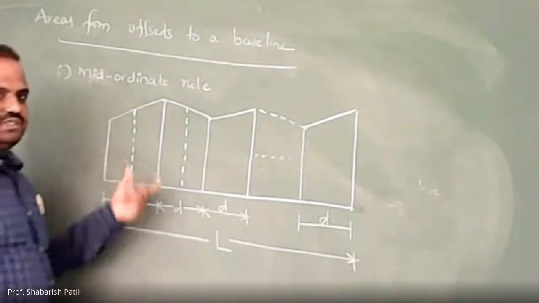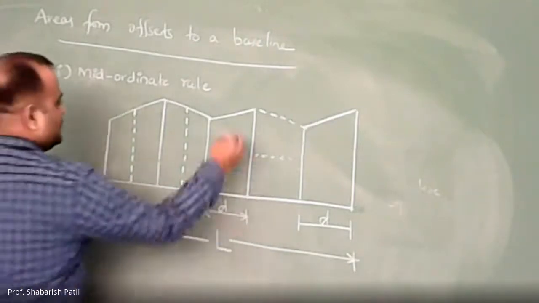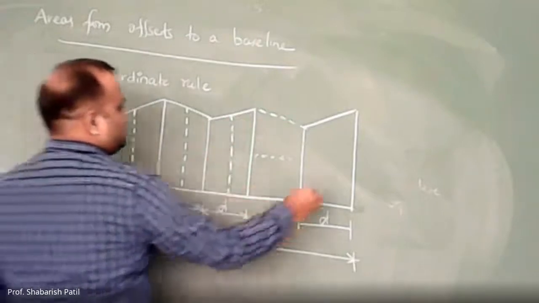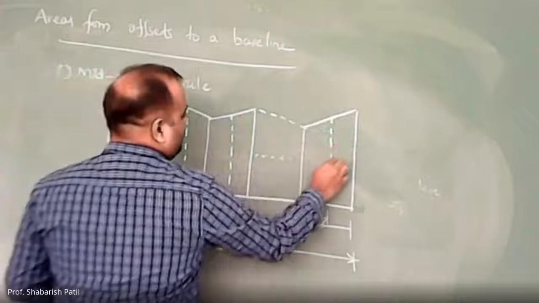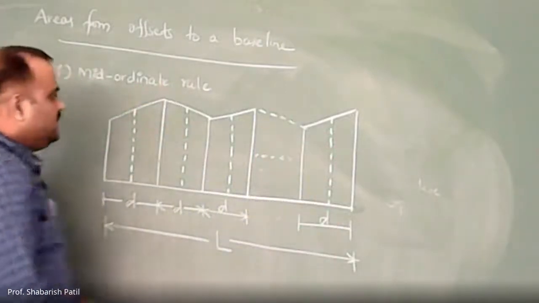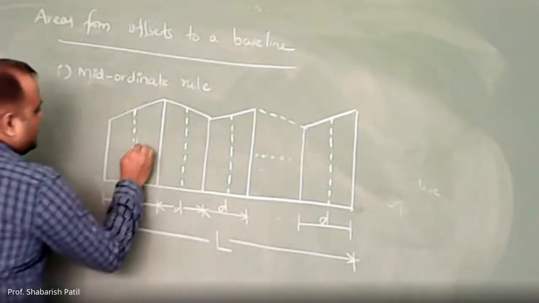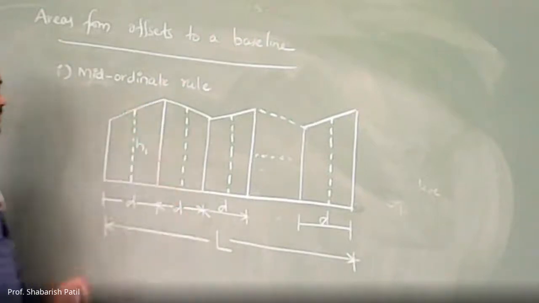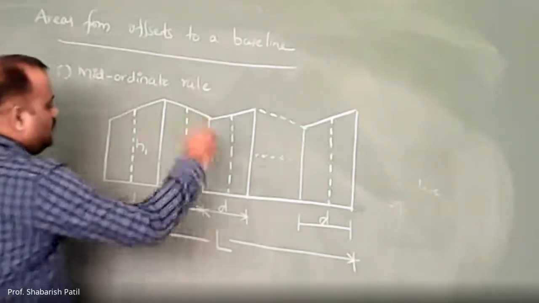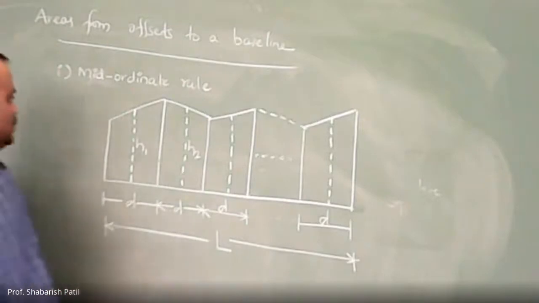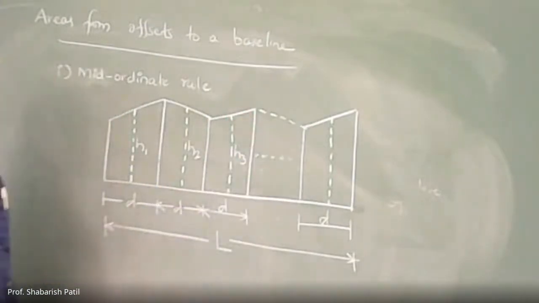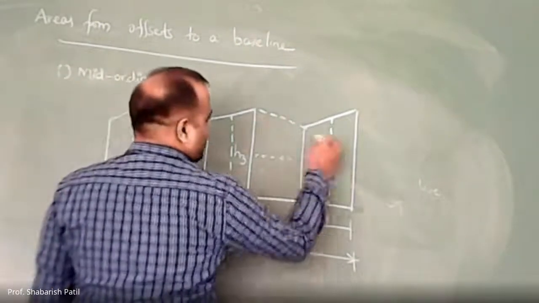Ordinates at the midpoint are mid-ordinates. Similarly, this is the mid-ordinate for the third strip, and this is the mid-ordinate for the nth strip. H1 is the mid-ordinate for strip 1, H2 for strip 2, H3 for strip 3, and Hn for the nth strip.